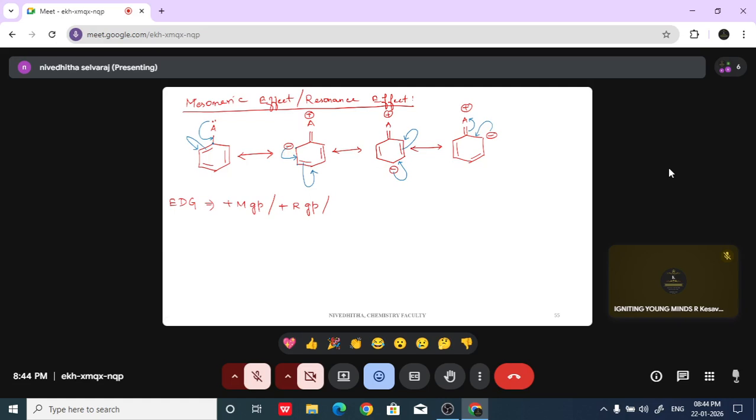Whenever I have one substituent at one carbon, the rest of the positions can be assigned, right? See, this position is called ortho. This position is called meta, and this position is called para. Have to assign that. Listen here.